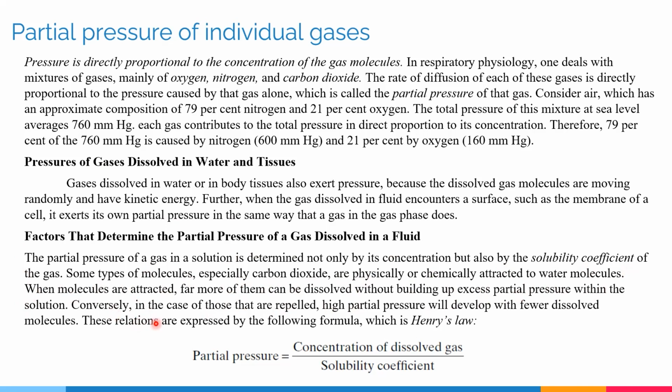Conversely, in case of those that are repelled, high partial pressure will develop with fewer dissolved molecules. These relations are expressed by the following formula, which is known as Henry's law: partial pressure of a particular gas is equal to the concentration of the dissolved gas divided by the solubility coefficient of the gas.